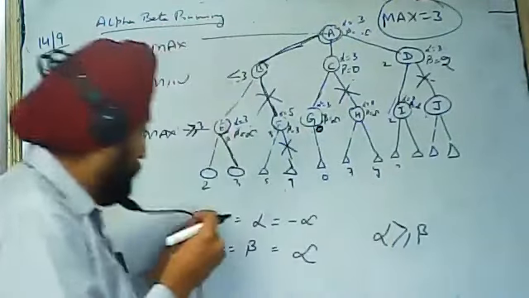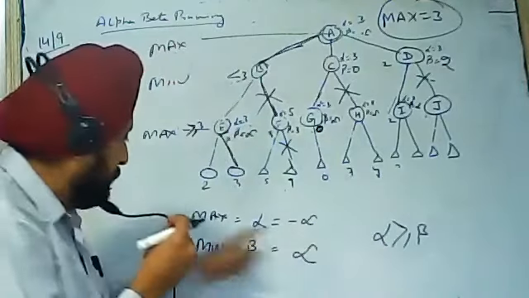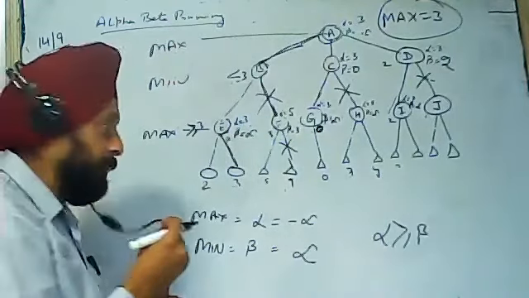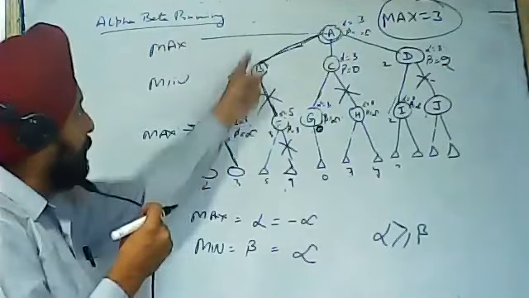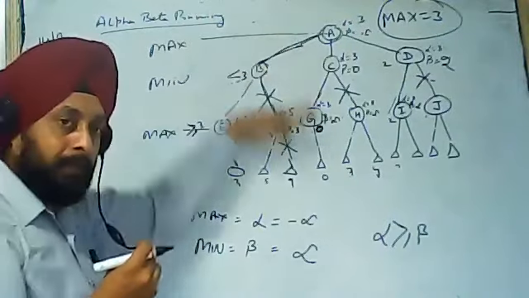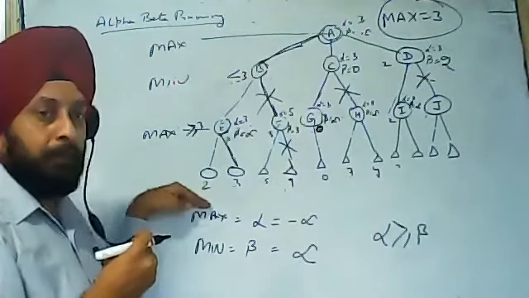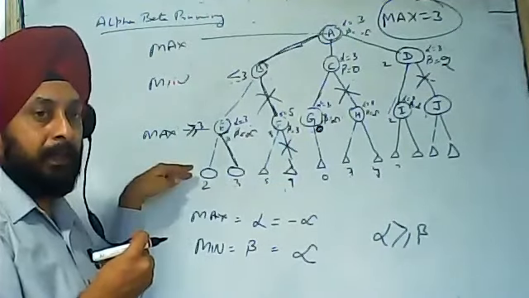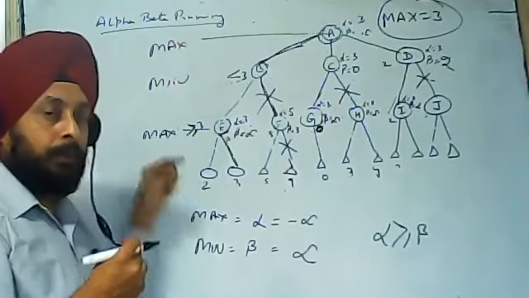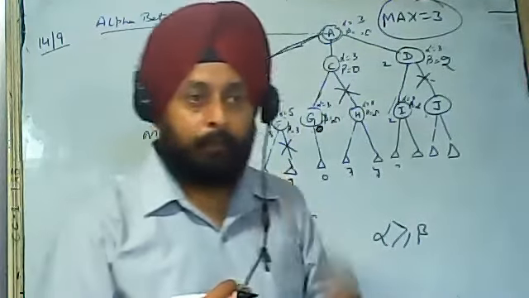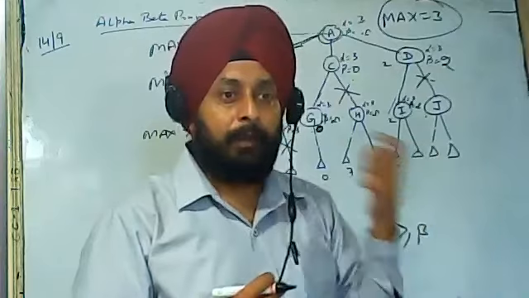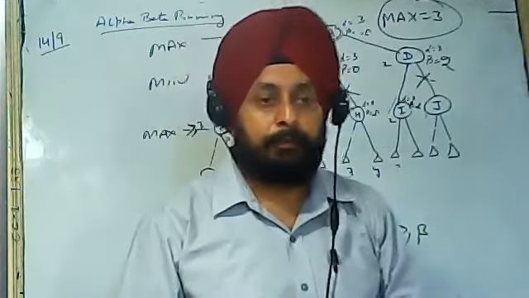So again, you can see this is the condition for pruning. This is the starting condition. Node value gets upward, alpha beta value gets downward. And you start with the utility values which are given at the terminal node. So this is all from my side in terms of alpha beta pruning.